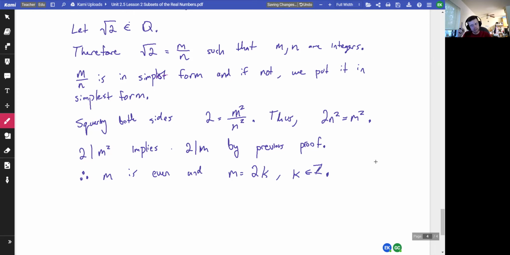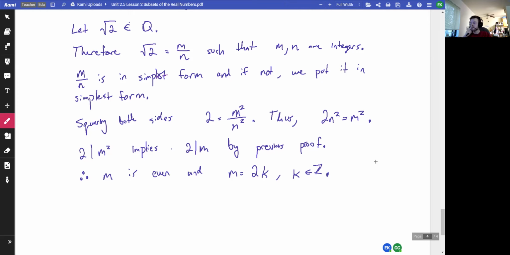Awesome. Okay. Right. M is even. Remember how I said that M and N is in simplest form? What is a classic example of a number not in simplest form? Like an even divided by an even. Two even numbers are definitely not in simplest form. They share a common factor of 2. We've just shown that M is even. If we can show that N is even, this is not in simplest form.